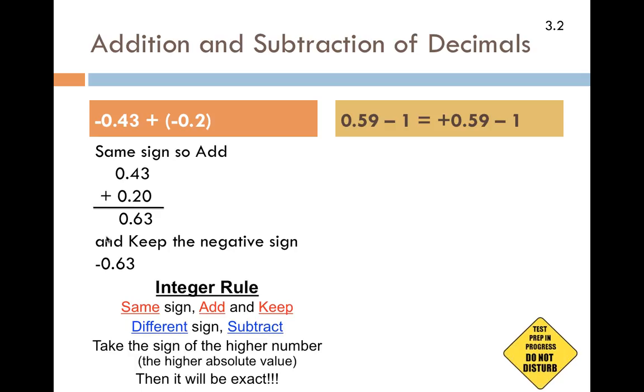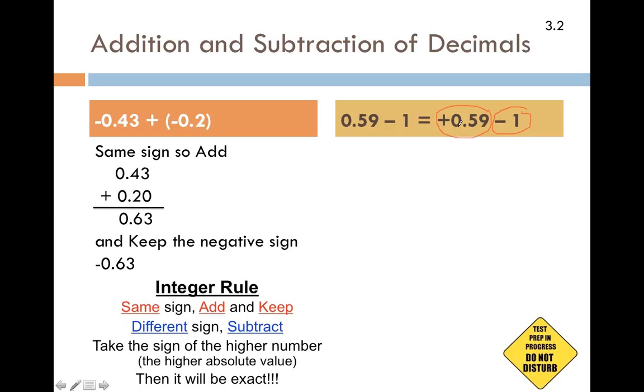Okay, so we're going to look at this. Now, one of the things I want to look at here, if we're going to look at this as integers, notice how we made this a positive, and then we made that a negative 1. Okay, so we could actually subtract 59 cent from a dollar. We could do that.